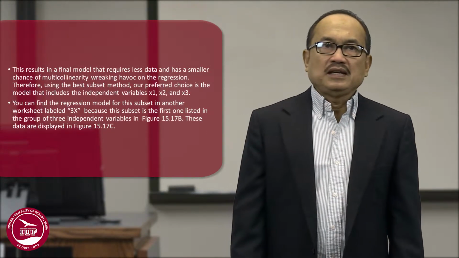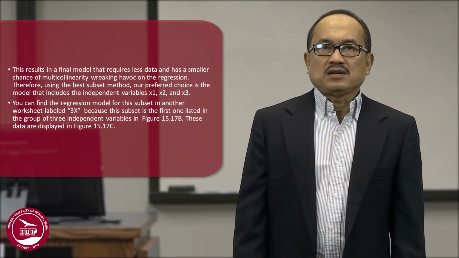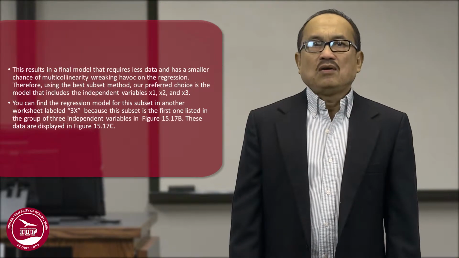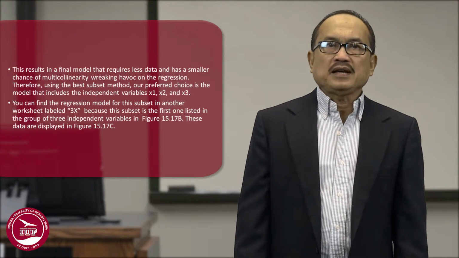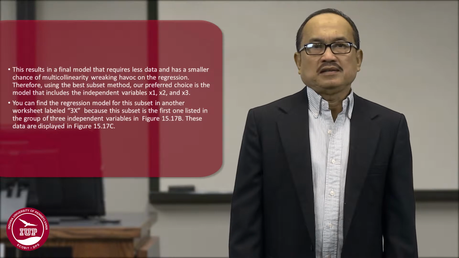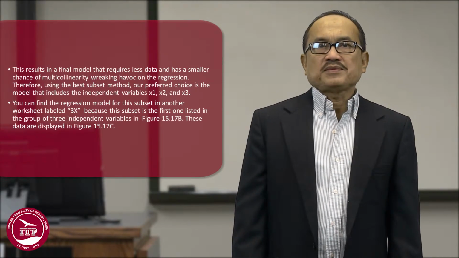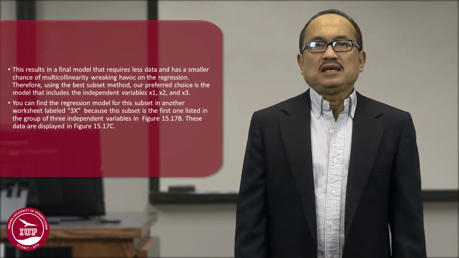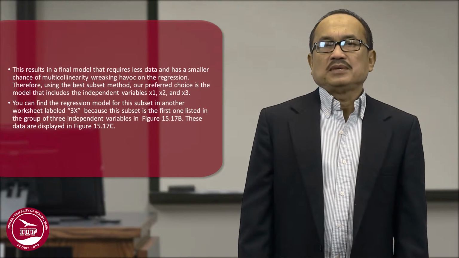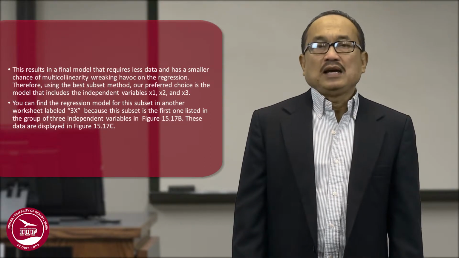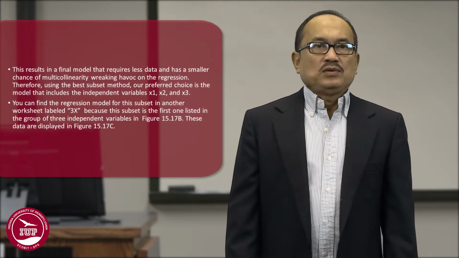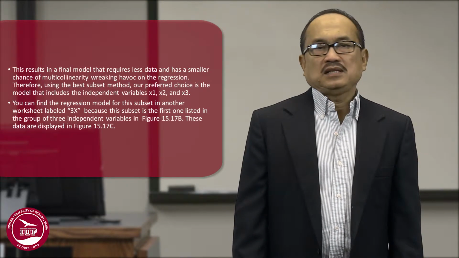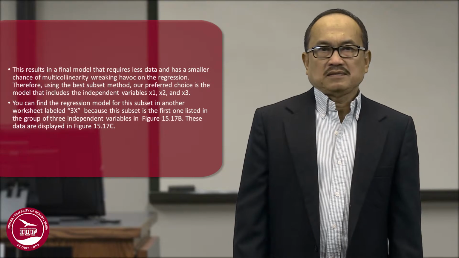This results in a final model that requires less data and has a smaller chance of multicollinearity wreaking havoc on the regression. Therefore, using the best subset method, our preferred choice is the model that includes the independent variables x1, x2, and x3. You can find the regression model for this subset in another worksheet labeled 3x.